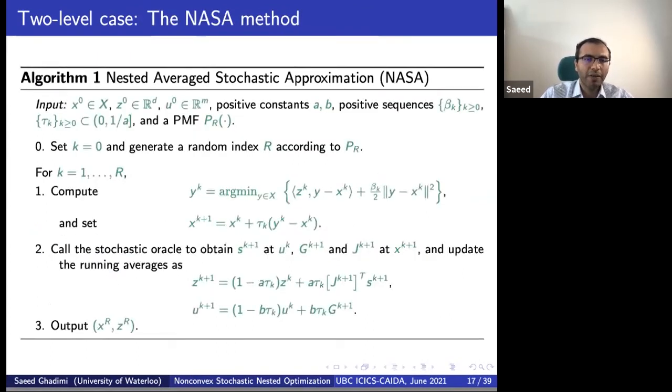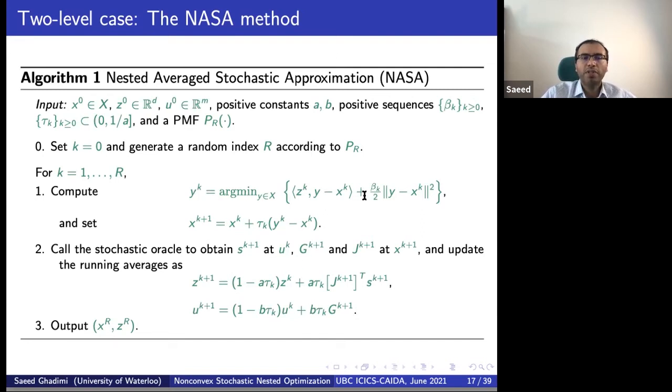So here is our first algorithm for the two-level case. At each step, we just solve a quadratic subproblem. And then in the next step, we take the convex combination of all of the solutions to the subproblems. In the linear term in this subproblem, z_k would be just the weighted average of the stochastic gradients. And we also have another sequence u, which records the weighted average of the inner function value, so this is the estimation for the inner function values for little g.